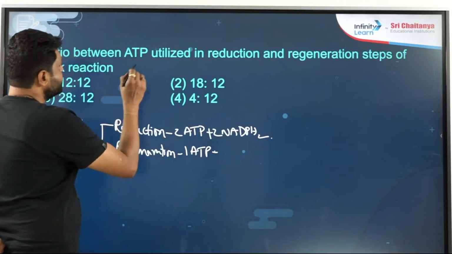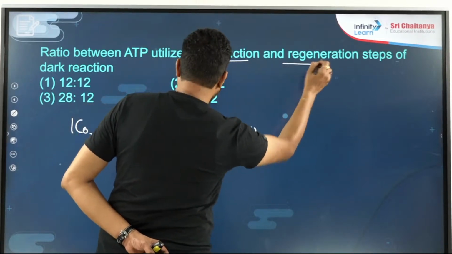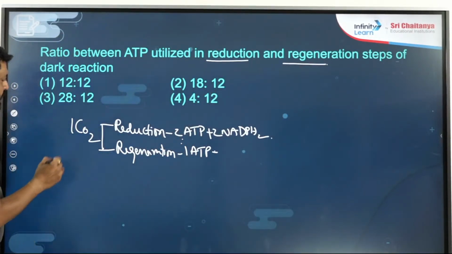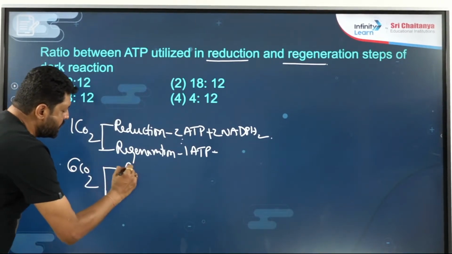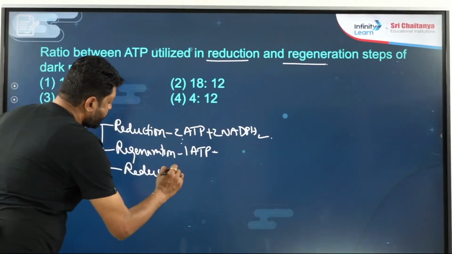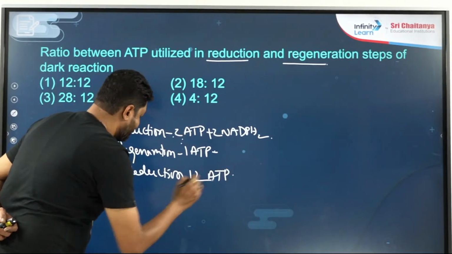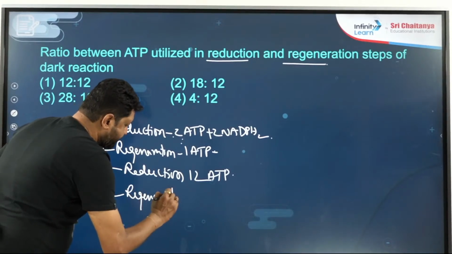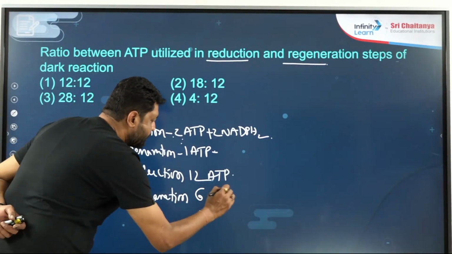So he is asking what is the ratio between ATP utilized in reduction and regeneration? 2:1. Or let us go for 6 CO2 molecules. Reduction, 6 2s are 12 ATP. Regeneration, 6 1s are 6 ATP.